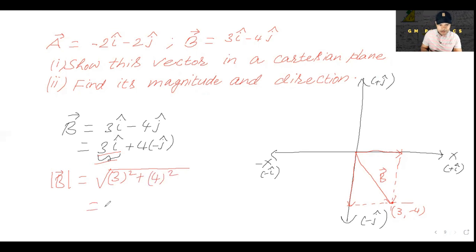So how much is that? 9 plus 16, that is 25, 5 units. This is the magnitude of the vector. What about the direction? So before finding the direction, become alert. First of all, see in which quadrant that vector lies. So here the vector lies in 4th quadrant.